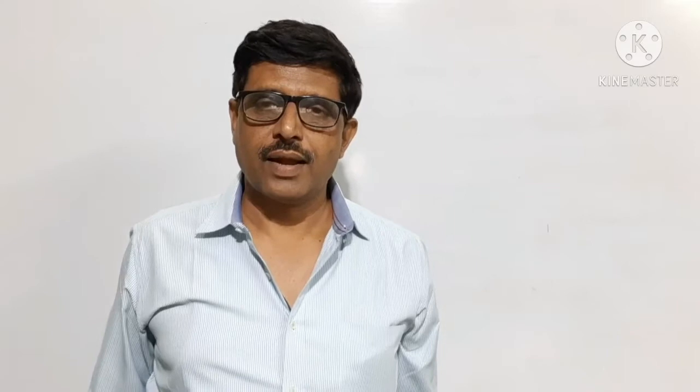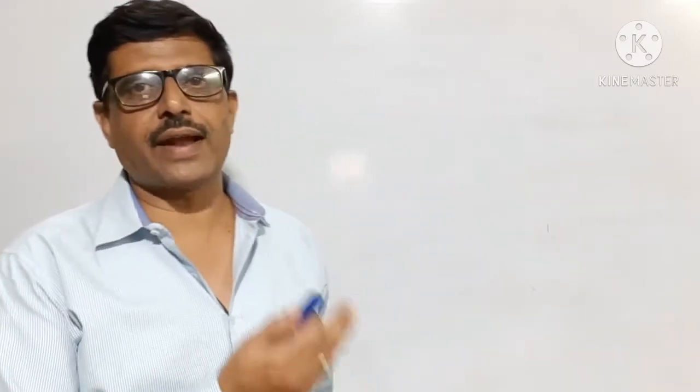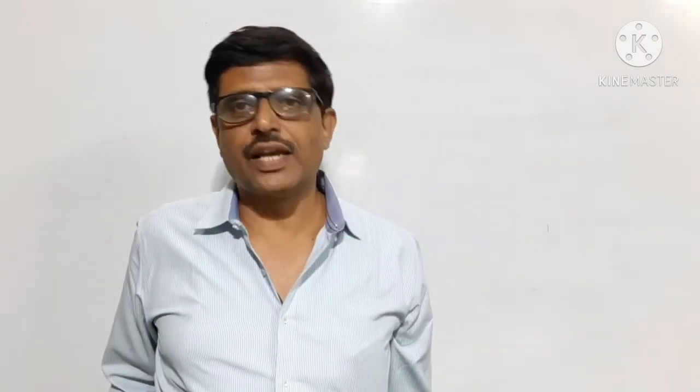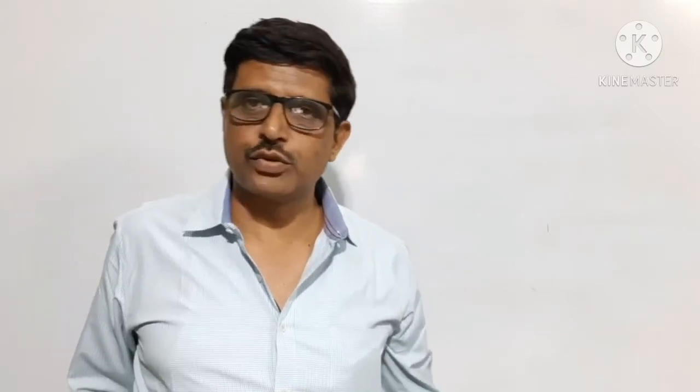And now we will see one more numerical which is based on drift velocity. At first I will read the numerical, and then we will write the given data of the numerical, and from that we are able to find the expected answer by solving it.